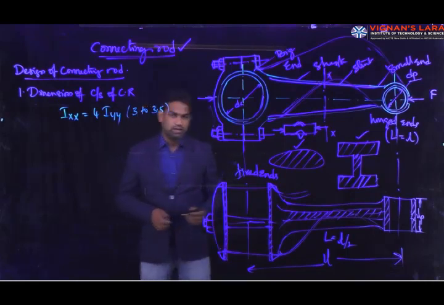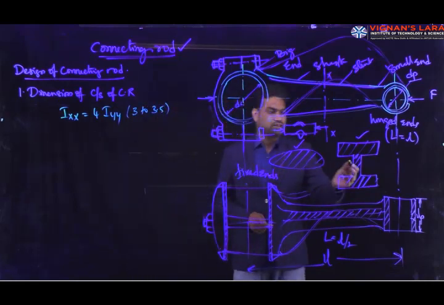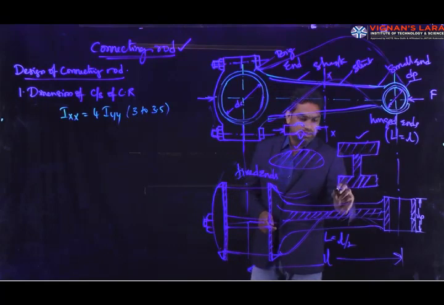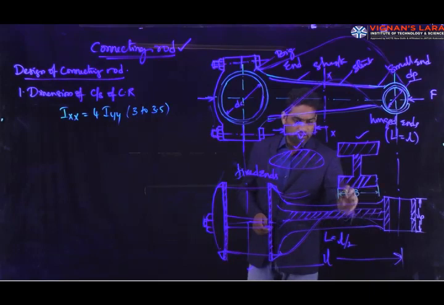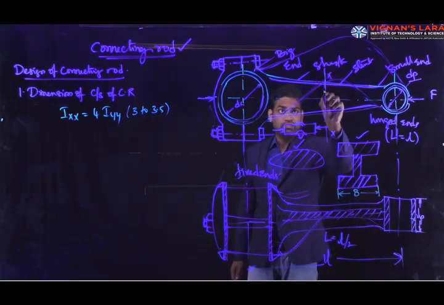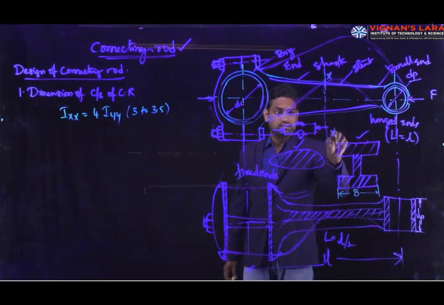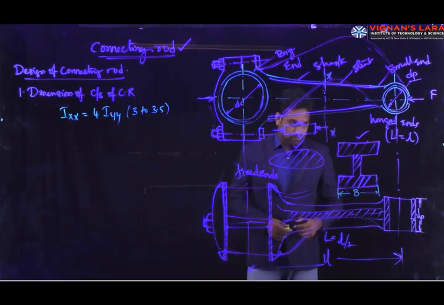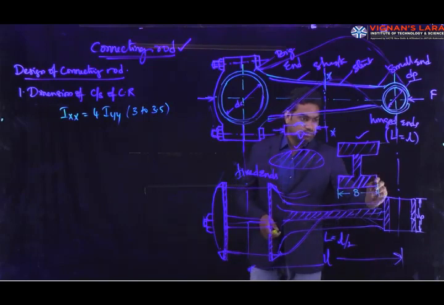So let us take a cross section, that is an I section here, having proportions denoted by capital B, the width of the cross section, here I am taking the cross section XX, so that is width capital B, and the height H, that is the height of the cross section.